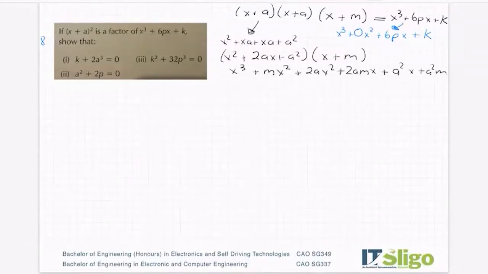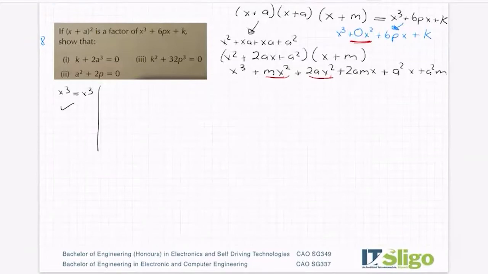Okay, so now let's equate the coefficients. I know that x³ equals x³, in other words, this x³ equals this x³. So that's good, but nothing to be learned there. Then let's have a look at my x² terms. There's an x² term, there's an x² term, and there's my x² term.